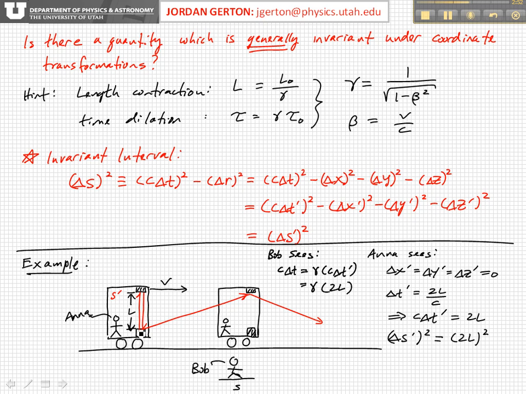And so he doesn't see length contraction, but what he does see is that the cart has moved a certain distance between the emission and detection events, and so those two take place at different points in space.